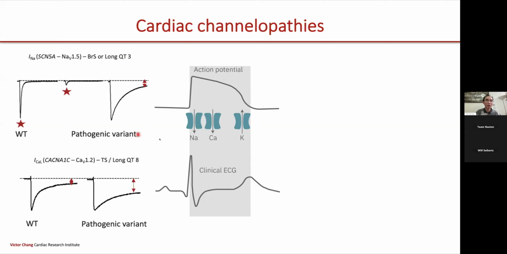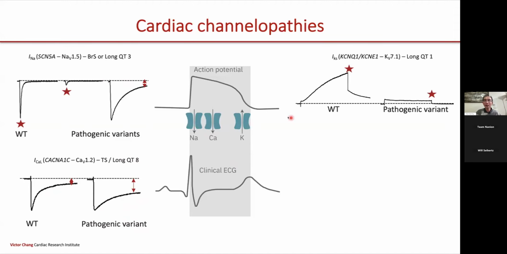The other one is the calcium channel, where in the wild type you have a bit of late current normally, but if you have a pathogenic variant, in this case the Timothy syndrome G406R variant, it can cause Timothy syndrome or long QT depending on the clinical presentation of the patient.